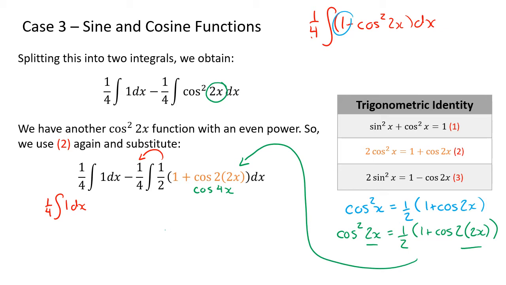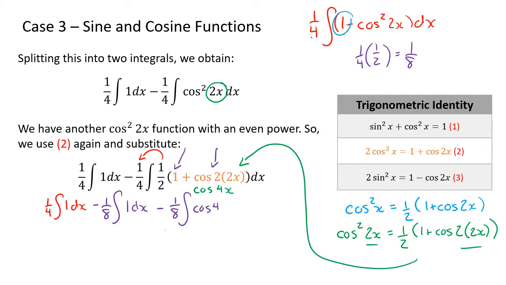And what we have there would be 1/4 times 1/2, which would actually be 1/8. So now we have minus 1/8 times the integral of the first term here, which is just 1. Minus, in this case, again, 1/8 times the integral of the second term, which is now cosine 4x dx.